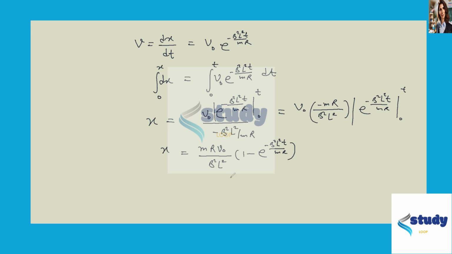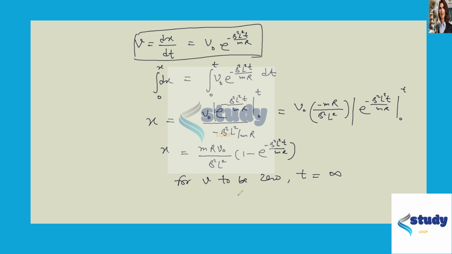Now, when the speed of the bar will become 0, means for v to be 0, we look in this expression. If we need the speed to be 0, clearly the time should be infinite. So if the time is infinite, then this expression for displacement will become m R v naught divided by B square L square multiplied by e raised to the power minus infinity, which will come out to be 0.